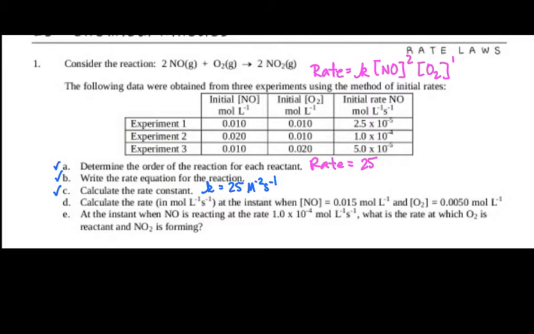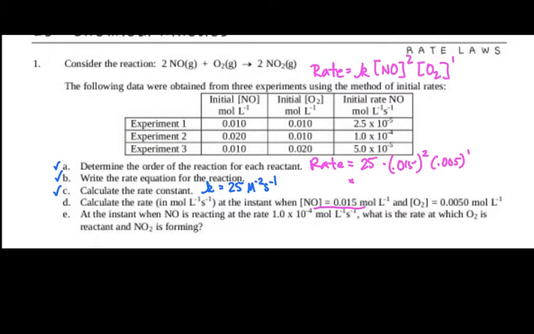But my rate is equal to 25, and then my concentration of nitrogen monoxide is 0.015. According to my rate law expression, that's a second order reaction, so we're going to square it. And then we're going to multiply that times the concentration of oxygen, which is 0.005 raised to the first power.